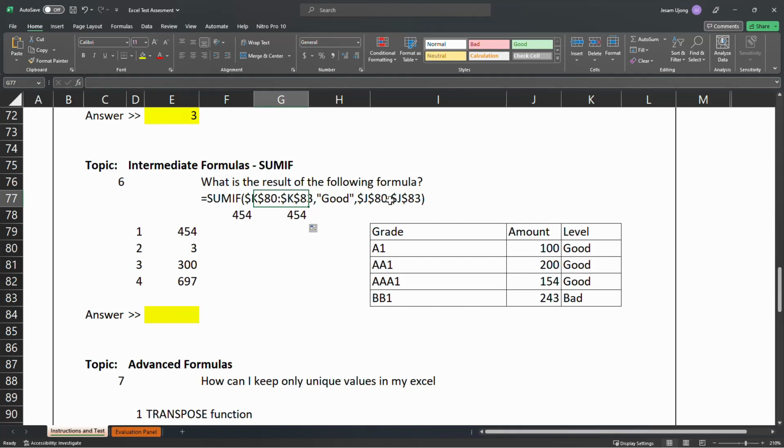So K will go to L, then M, and it's going to give wrong data and wrong reports. I hope that helps.